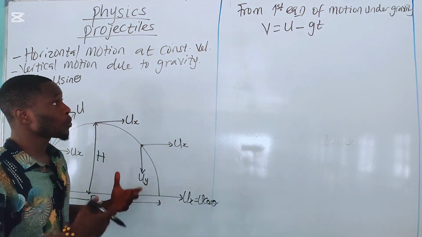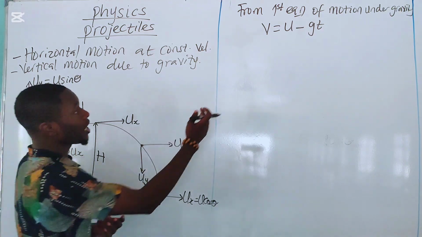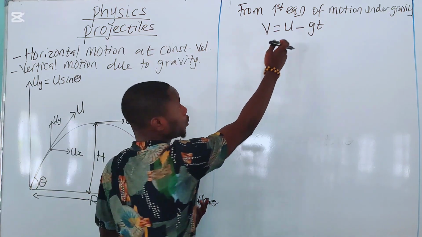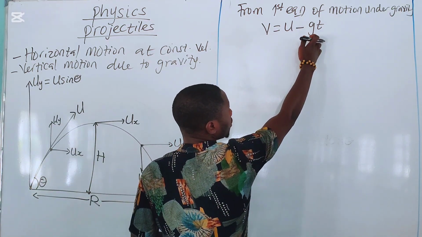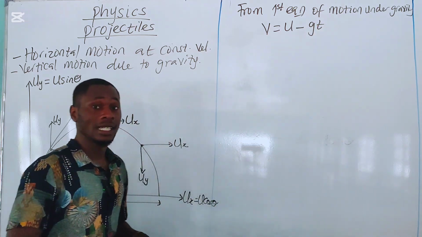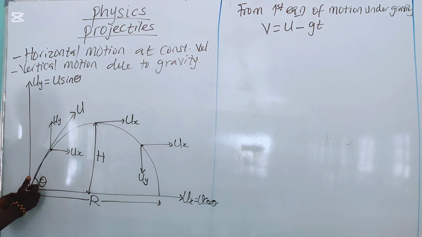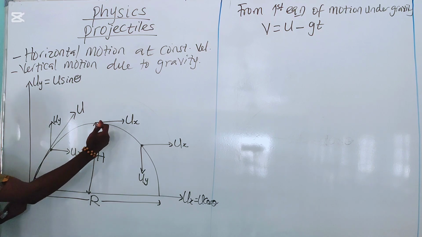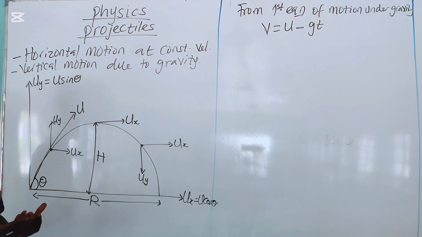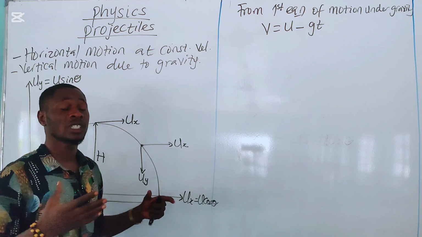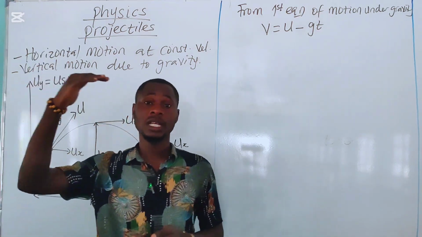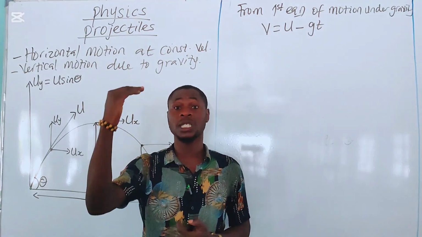Okay, so at this point in time, what is going to be our v? V is the final velocity, u is the initial velocity, g is acceleration due to gravity, and t is our time taken, which we want to find. But we want to look at the time taken to get to the maximum height. So at the maximum height, we know that the final velocity is what? 0. From motion under gravity, when we throw an object up, the body will move with an initial velocity.